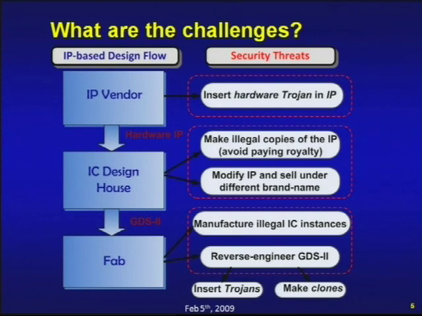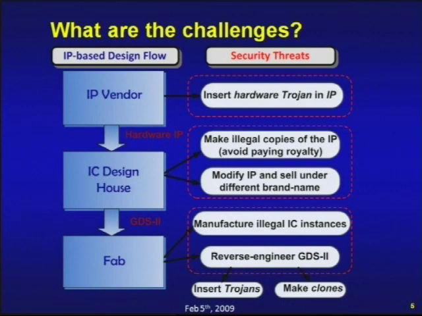It can also be done during fabrication, to reverse engineer the IC to find out the underlying design, and modify or refabricate it so that again they violate the copyright law. So during this phase, a potential attacker can also insert a hardware Trojan so that after fabrication the Trojan can cause disruptive functional behavior in the integrated circuit.